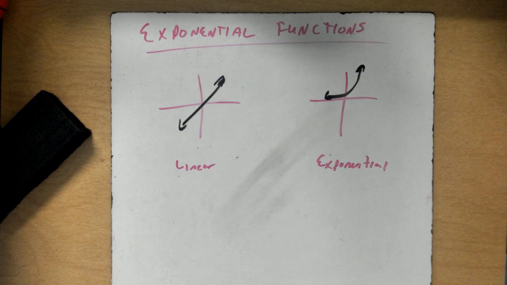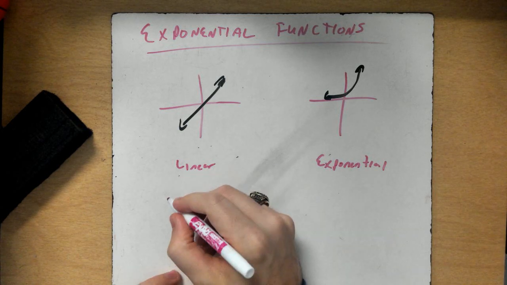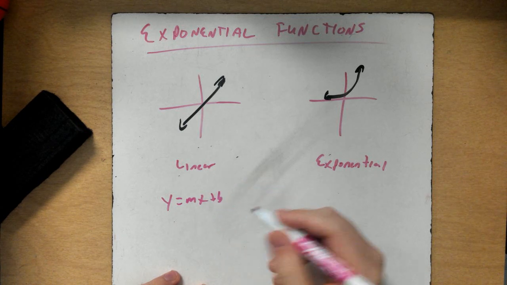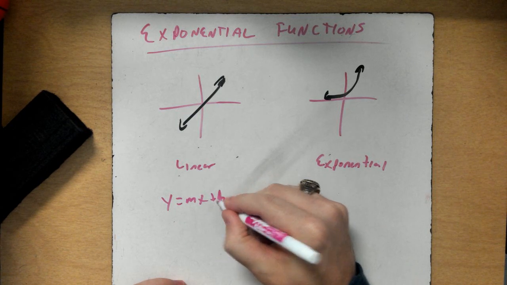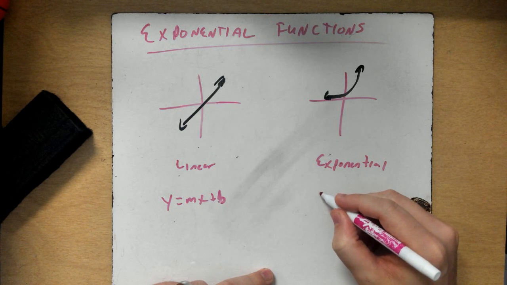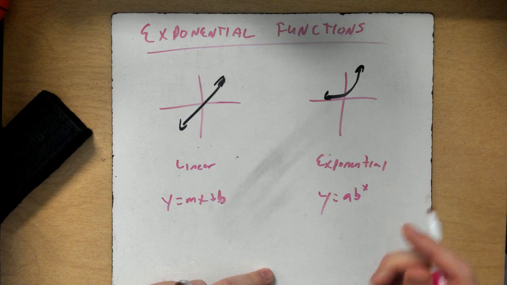decay function. Okay, so with the linear line, our equation is y equals mx plus b. With an exponential equation, our equation is y equals ab to the x power.